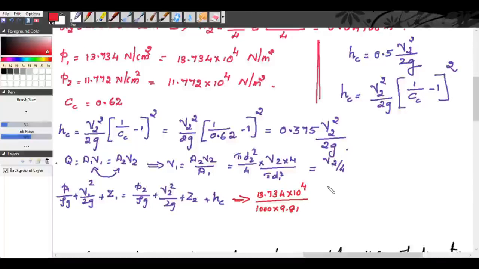See, the pipe is laid horizontally, so Z1 will be equal to Z2. V1 we have already calculated as V2 by 4.